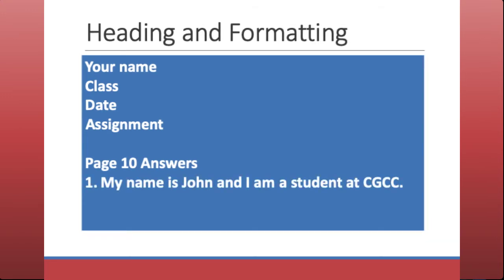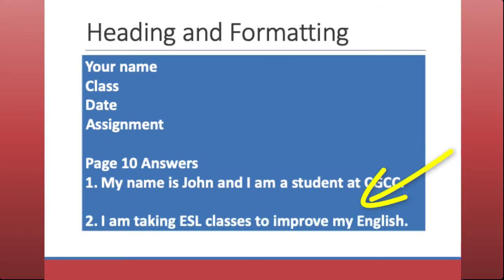Don't use short words or phrases. Try to write in a complete sentence, and notice that it's printed. And I've skipped a line before I do the second one. So again, this makes it easy to read. Your instructor knows what the assignment is and what they are grading it for, okay?